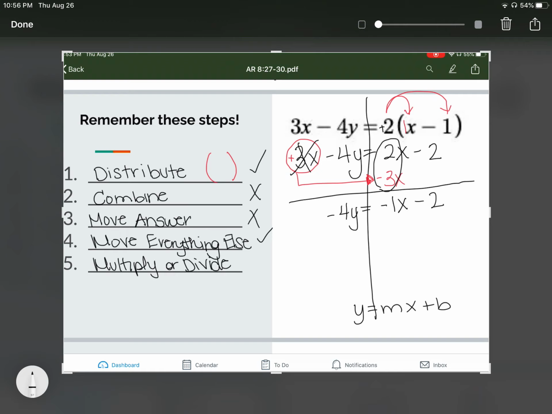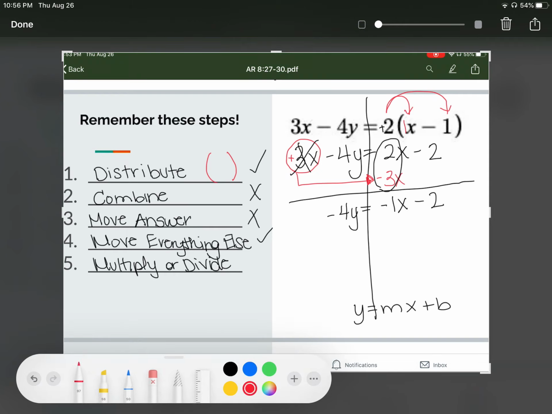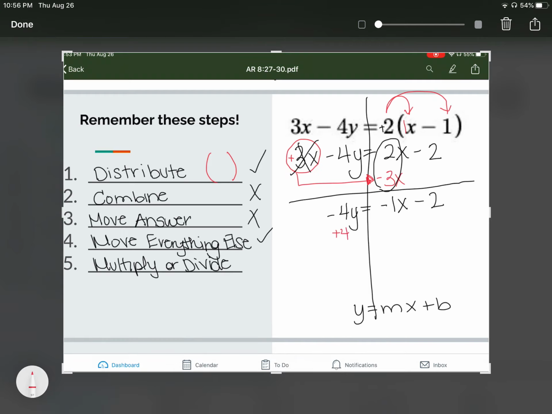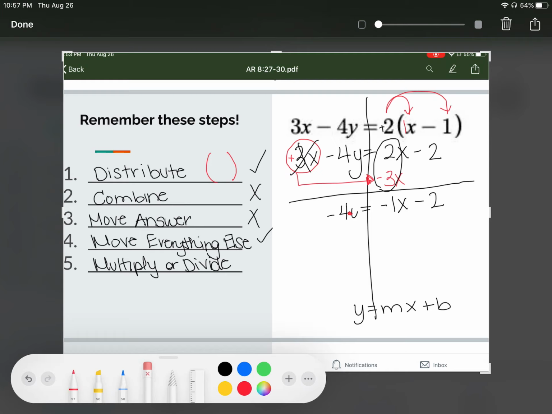Our last step is to multiply or divide, and we talked about this in class. We cannot just put plus 4. You're probably saying, well, Ms. James, we did the opposite up there with the 3x. We changed it to a minus 3x. Yes, but that was different. This negative 4 is being multiplied to the y. So in order to get rid of that negative 4, we have to do the opposite of multiply, which is divide.